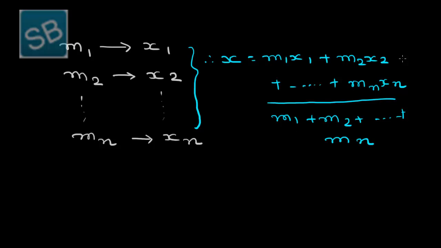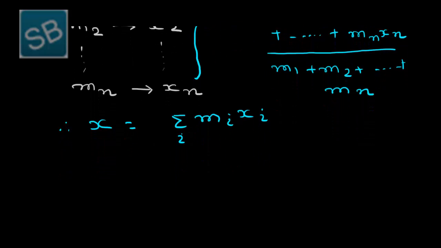Now see, I can generally write this addition into the type of a simple summation. So x is equals to sum over i, mi xi. Yes, you can substitute the value of i from 1 to n. But at present I am generally writing, and at the below it is summation over i, mi. But here the one thing you consider, this is the total mass.